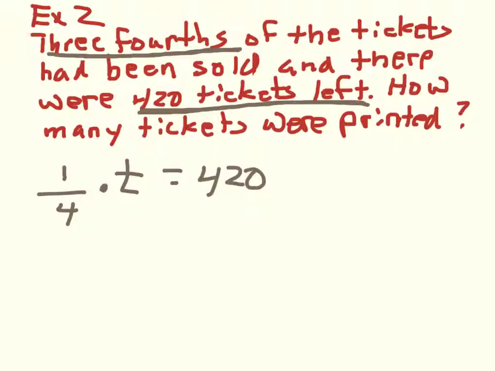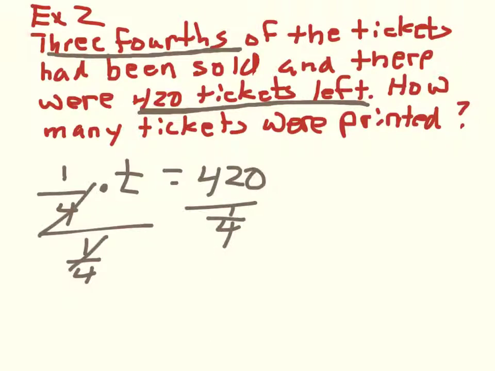Now, is the 1/4 and the 420 talking about the same thing? 1/4 would be the ones that were not sold, 420 were not sold, and they are the same topic. Now I can solve it to find the original total, or how many were originally printed. They're multiplying by 1/4, so we'll divide by 1/4.